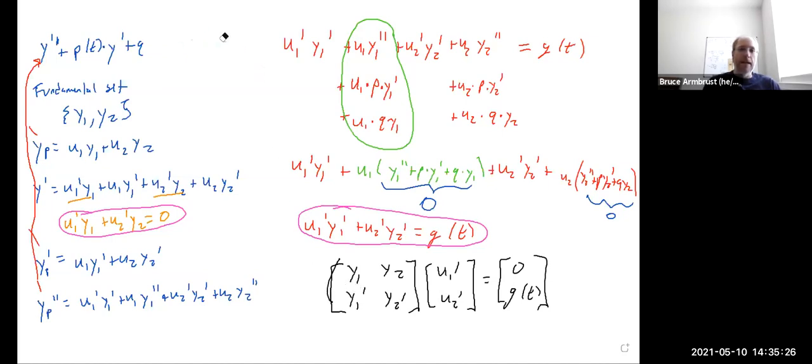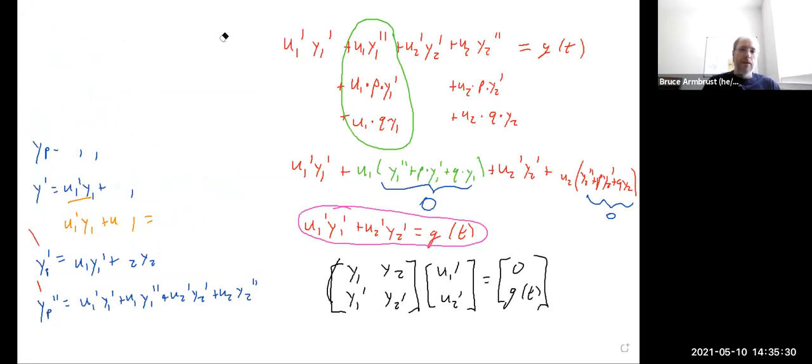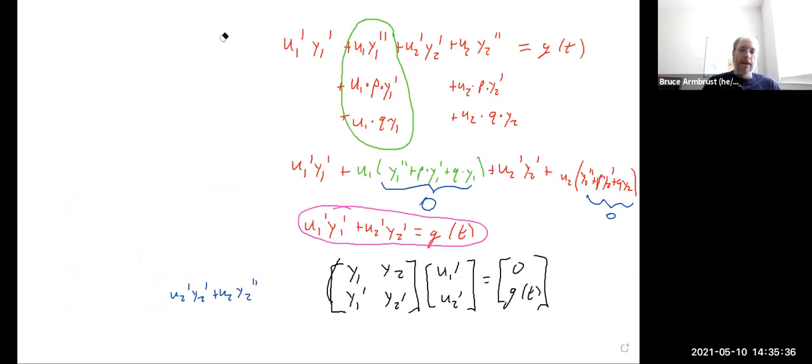Now, let's continue. Since it's a 2x2 matrix, we can actually find its inverse. I don't know if you remember, but finding an inverse of a 2x2 is pretty easy. So let me just remind you.